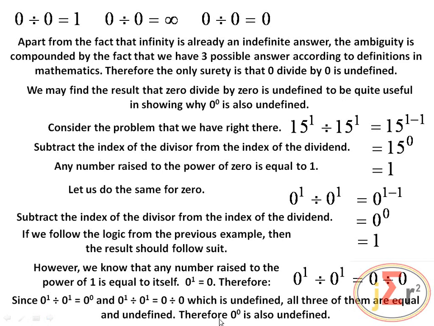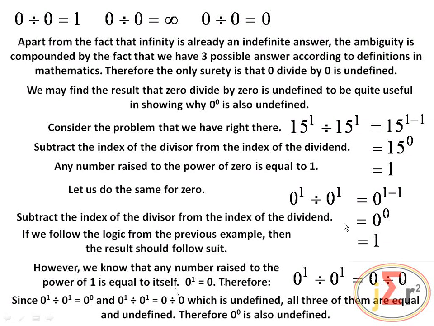So let us see why again 0 to the power of 0 is undefined. It is undefined because 0 to the power of 1 divided by 0 to the power of 1, which is what we have here, if we subtract the indices, we get 0 to the power of 0. But if we make use of the fact that any number raised to the power of 1 is equal to itself, we will get 0 divided by 0.